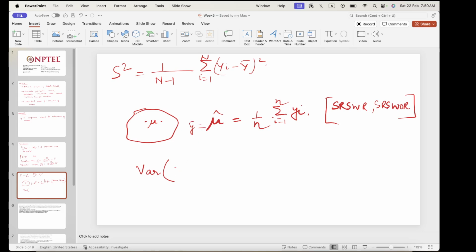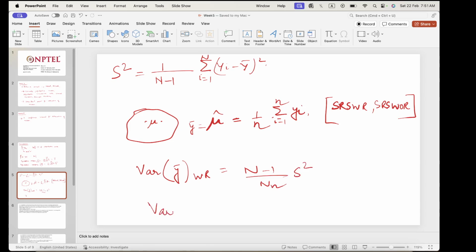Variance of y bar, if the sampling is with replacement, was N minus 1 by capital N n into S square.